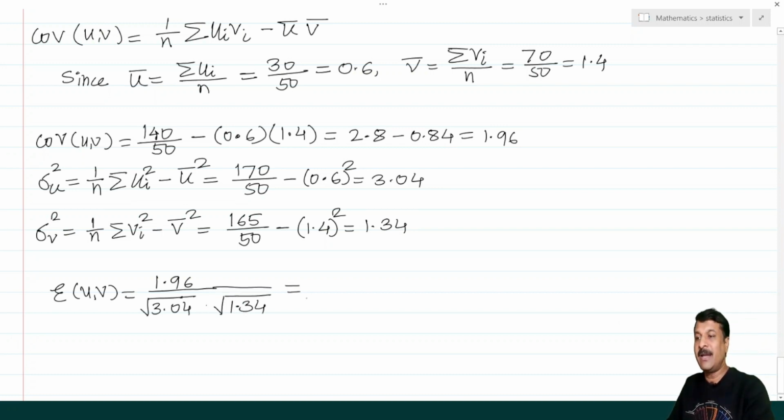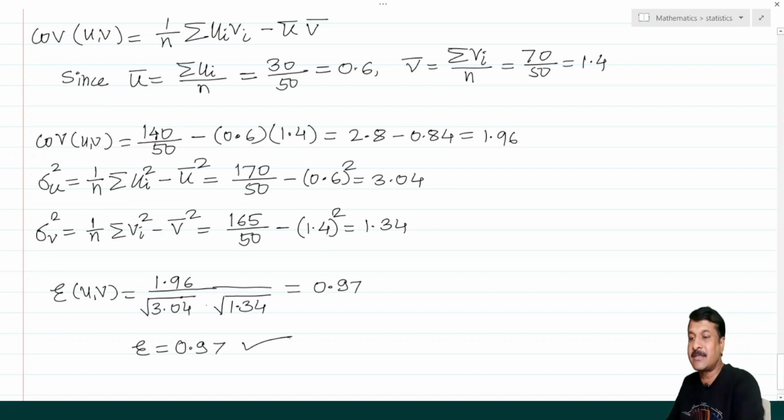So find this value. It is 0.9711, meaning 0.97. So what is the value of r? Coefficient of correlation here is 0.97, which is your required answer.